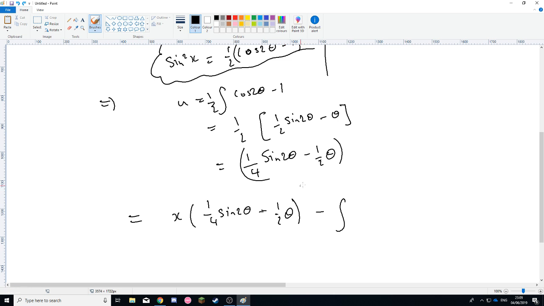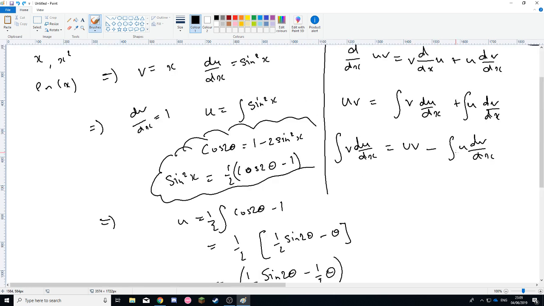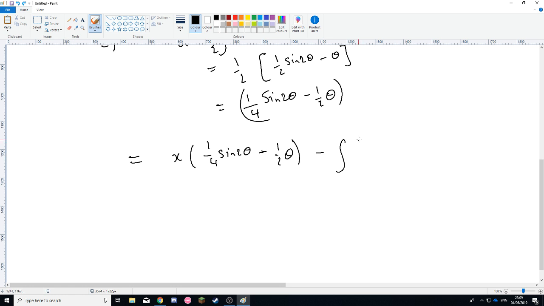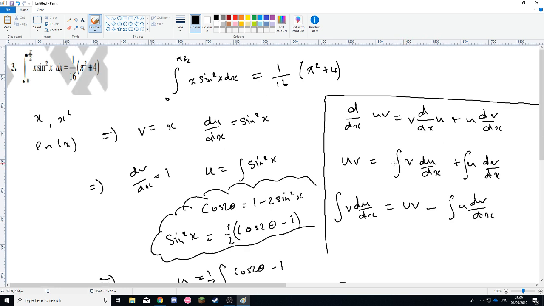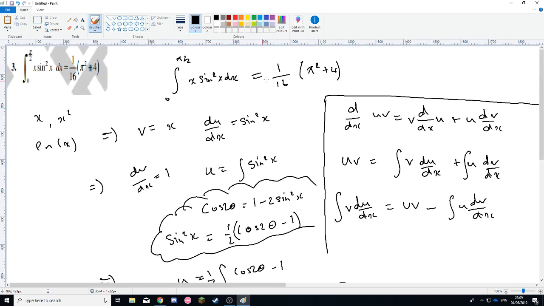So minus the integral of u dv by dx. So u dv by dx is 1, and u is this integrated thing. I'm going to take the quarter out: sine 2 theta minus 2 theta. I've just factored out the quarter, dx. Oh, I wrote theta. I meant x, but you know, same thing.